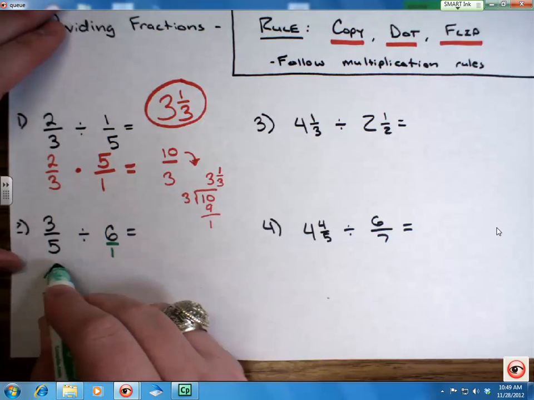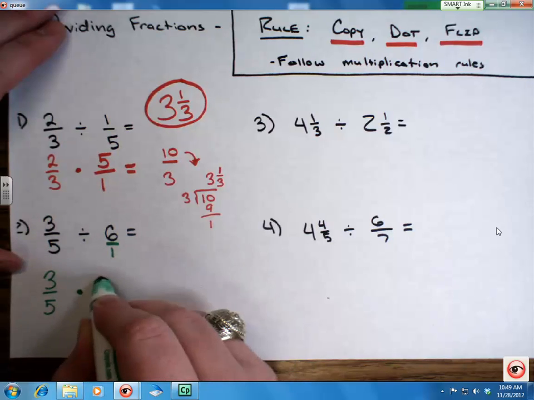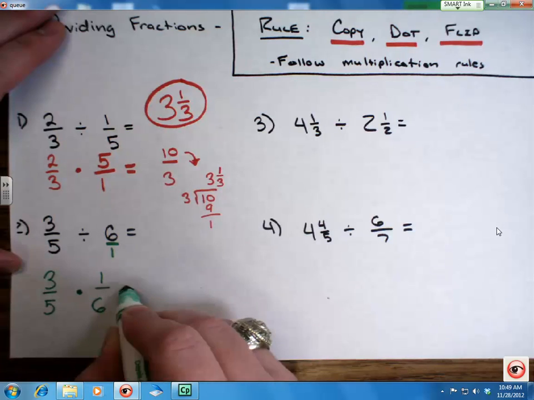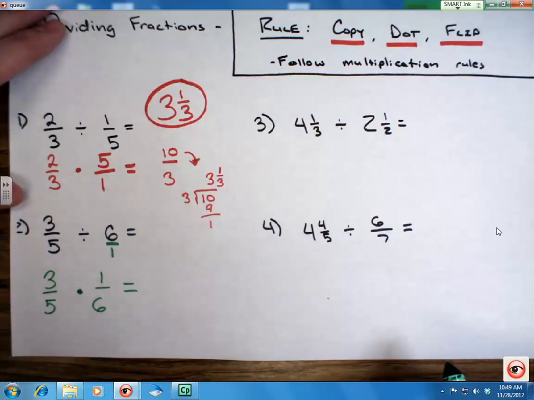Copy that first one down, change my division to a dot, and flip that second fraction, so it's going to be 1 over 6. Now I can multiply like I did in my previous lesson.